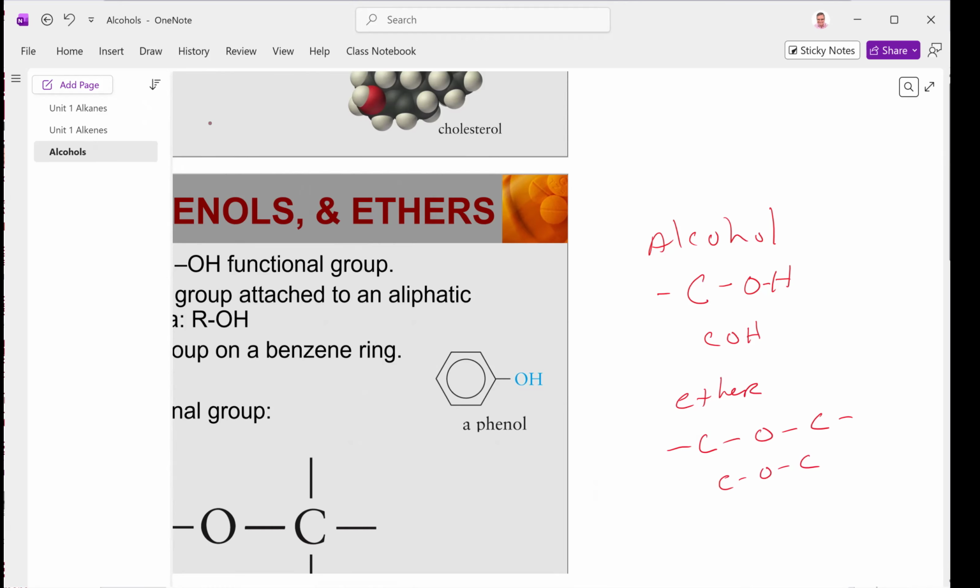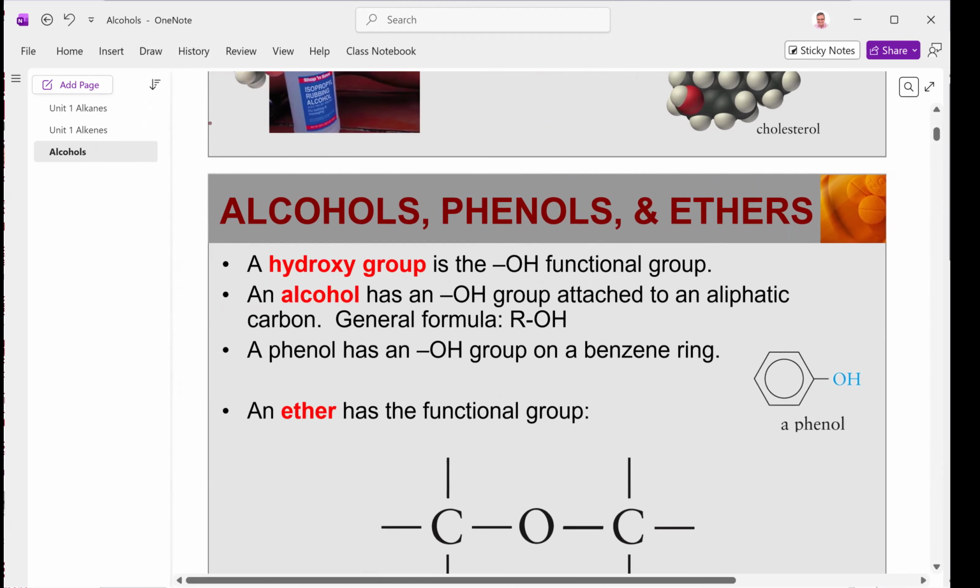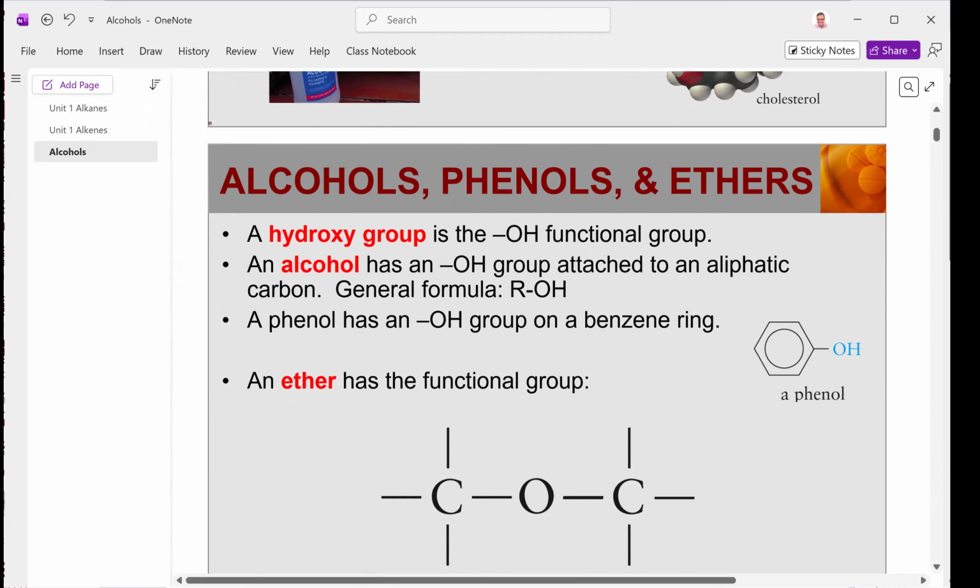Okay, so alcohols are C-O-H. Ethers are C-O-C. And both of these can be either aromatic or aliphatic.